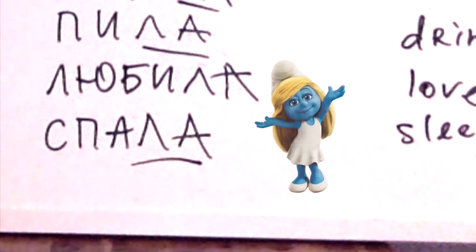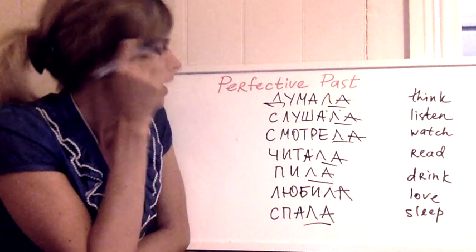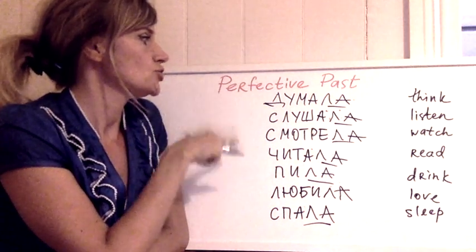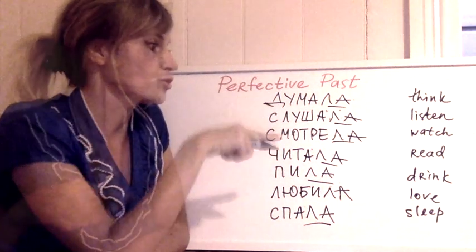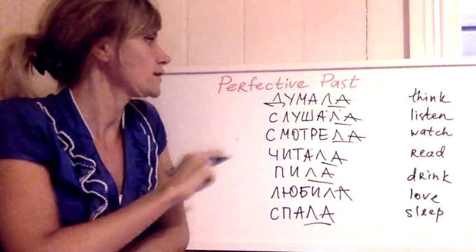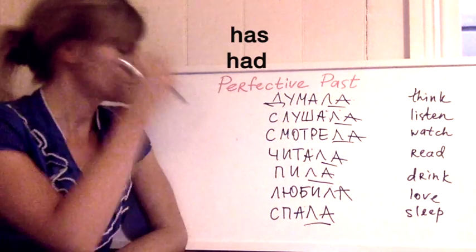So this is just a simple past tense. We want to say that she has thought, she has listened, she has watched, she slept. So we're gonna make it perfective, result, she has done it, okay?